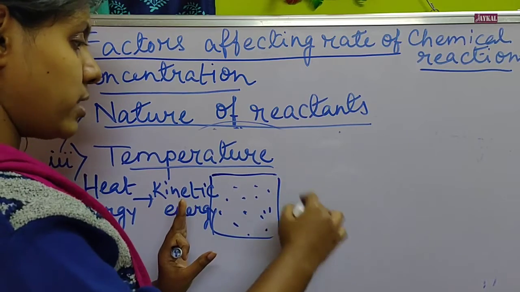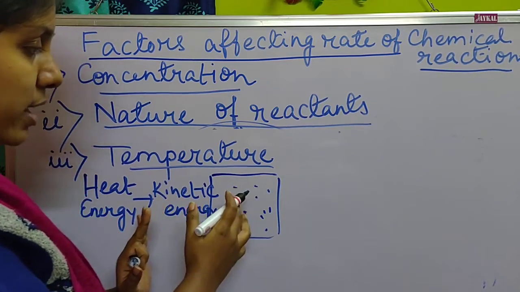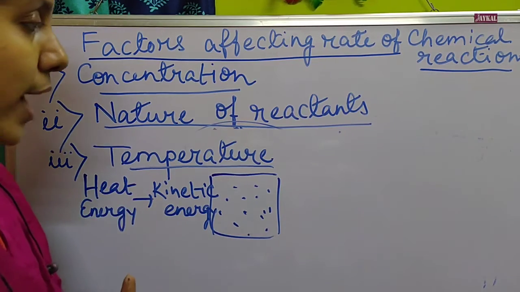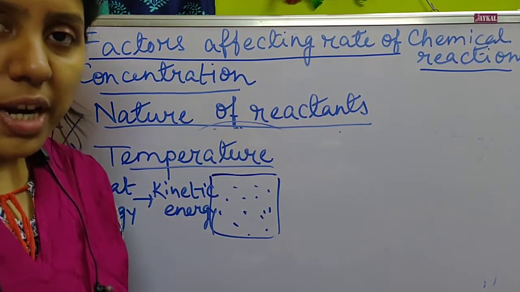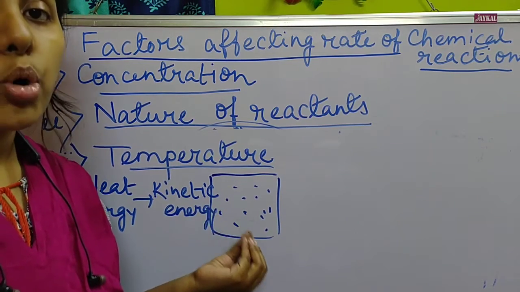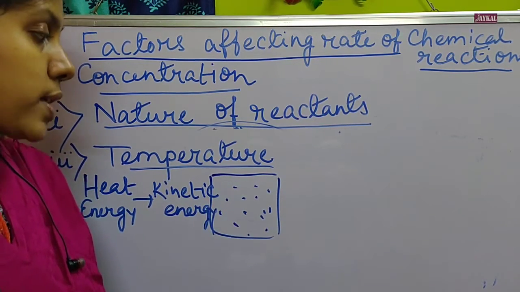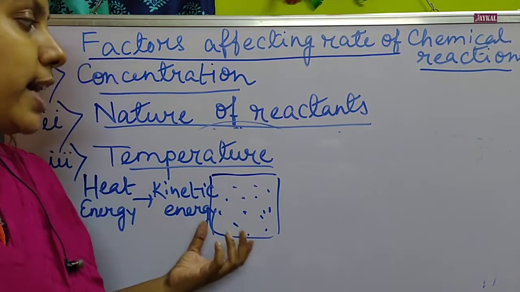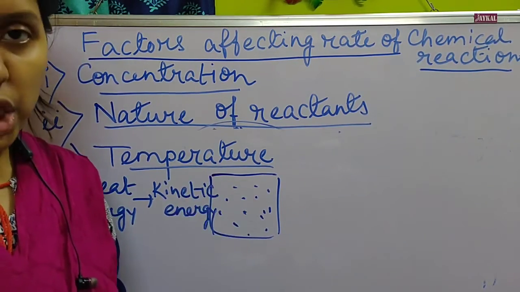So when another molecule is added, they can now collide with it at a faster rate. Because of their increased motion, they cause intermolecular collisions at a faster rate, and that increases the rate of the reaction.